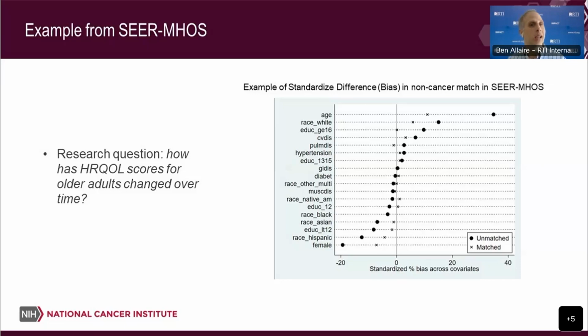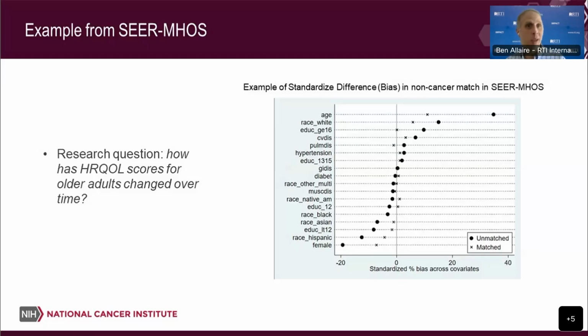And on the right-hand side, you can see here, I've conducted a propensity score match. I tend to be a Stata user, and so this is using a Stata command called psmatch2, but there are a variety of different Stata commands that you can use. And you can see on the right-hand side that I've plotted out the standardized bias.